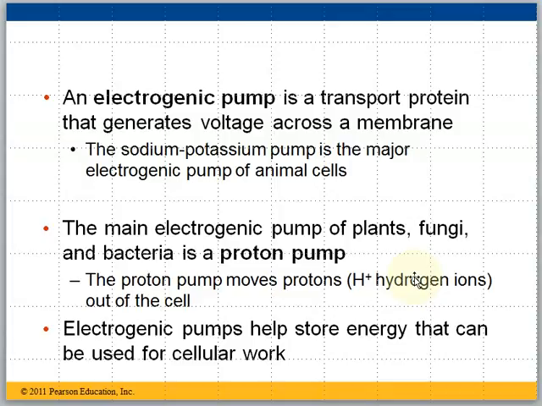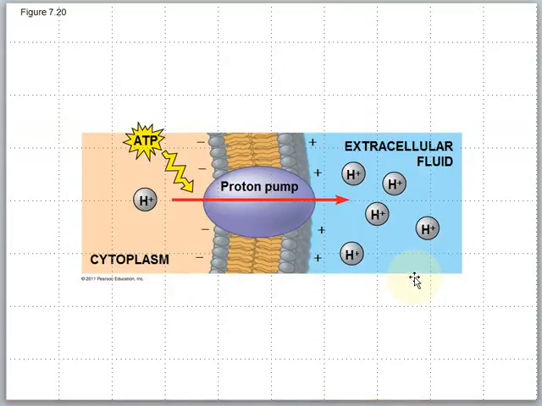So electrogenic pumps, doesn't matter if it's a sodium-potassium pump in animals or a proton pump in plants or fungi or bacteria, all these electrogenic pumps, as they do their job, they're helping store energy that can be used for work later on by building up this membrane potential. Here's a great little example, a picture here of a proton pump.